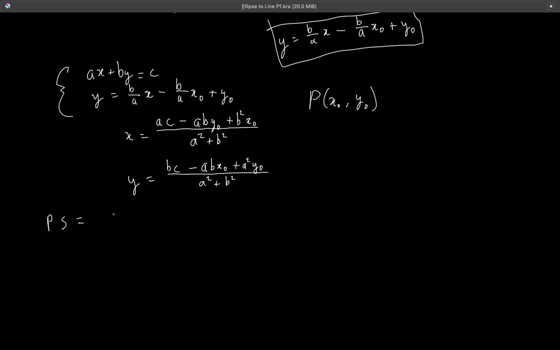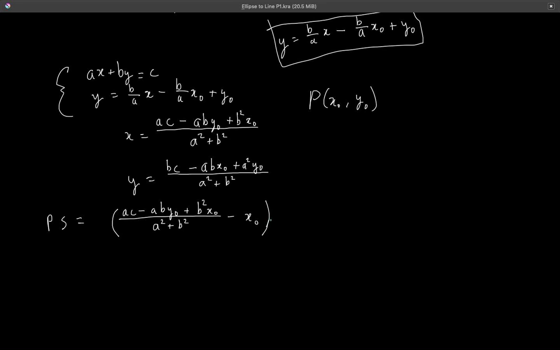So we're going to take the difference of the x coordinates first. That's ac minus aby0 plus b squared x0 divided by a squared plus b squared, and then we're going to subtract x0.